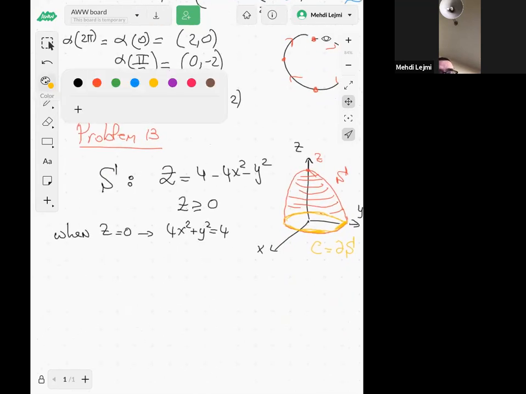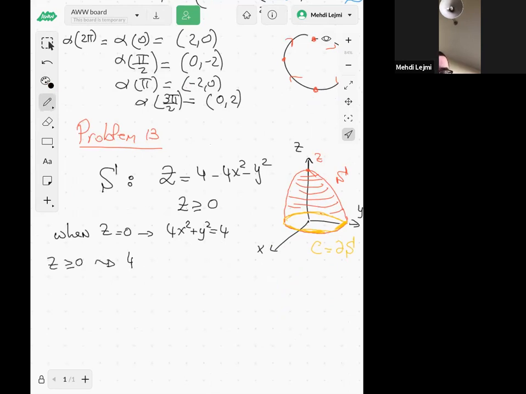Because z is positive, z is 4 minus 4x squared minus y squared, so this must be positive.